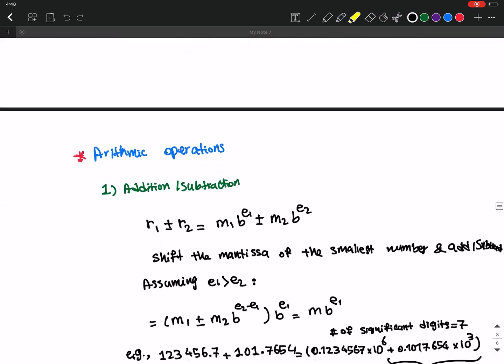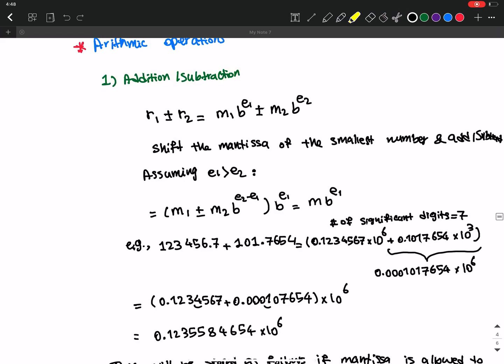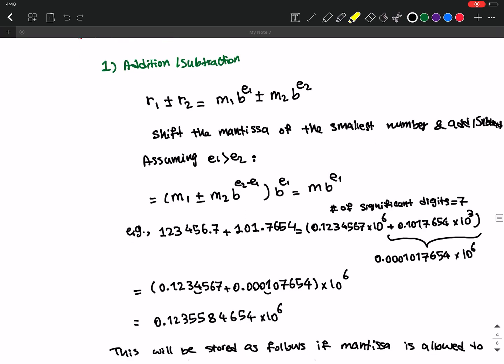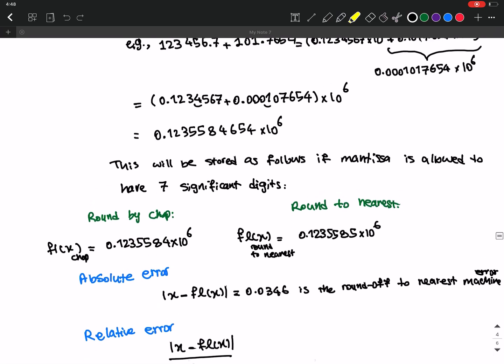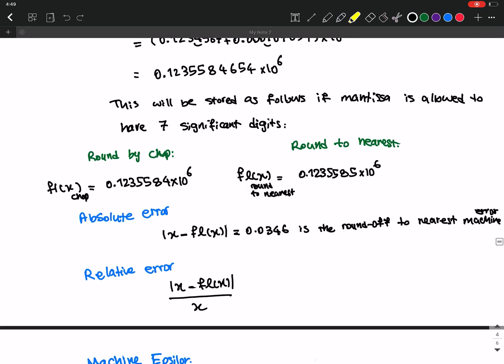After that, we did some arithmetic operations. We learned how to add or subtract two numbers, which happens by shifting the mantissa of the smallest number. Then we talked about rounding and chopping that might occur because of the limit on significant digits in storing these digits in the computer. This leads to an absolute error of floating and also a relative error of floating that we defined.